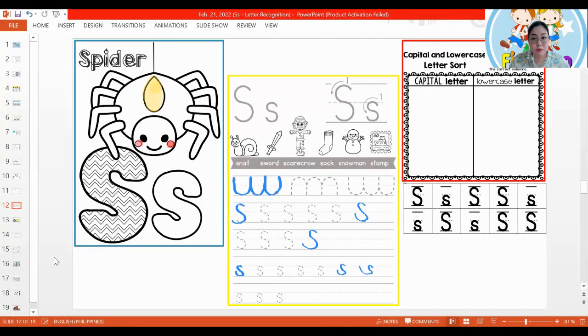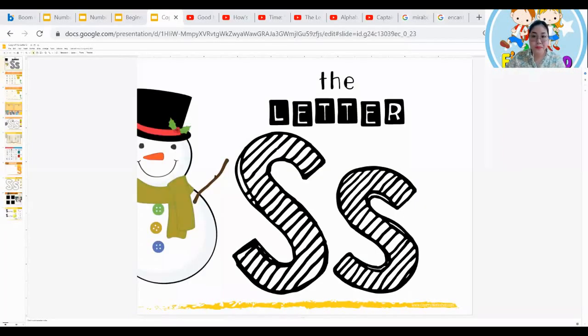And when you're all done with that, we have to sort our capital letter S with our lowercase letter S. Very nice. So you can pause your video again so you can finish your work. Did you finish your work? Very nice. So let's go to our Google slide.